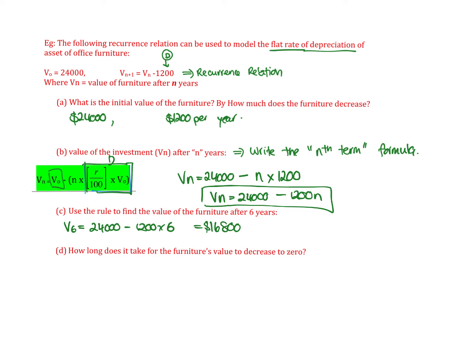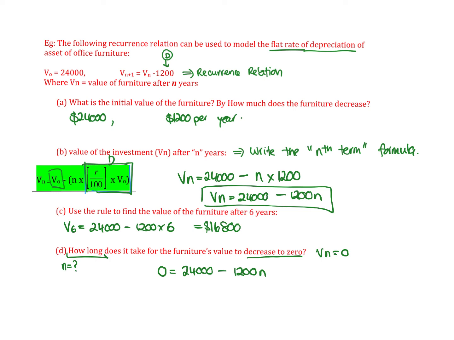And how long does it take the furniture's value to decrease to 0? When they say that, it means that Vn, the value, is going to be 0. So I pop that into my nth term formula. Because we're asking how long, n is the question, we want to know what n is.